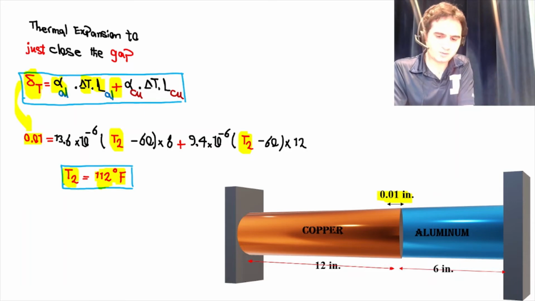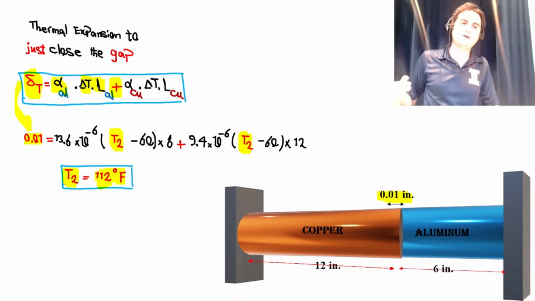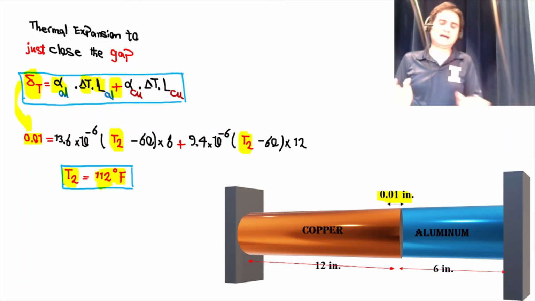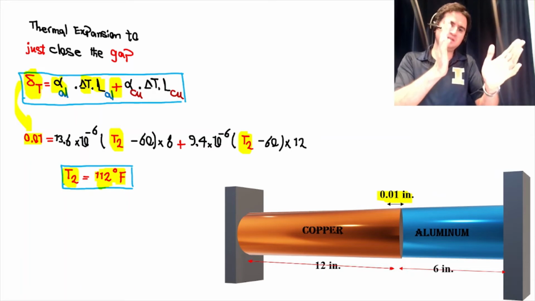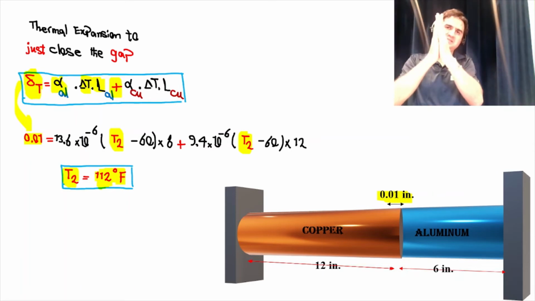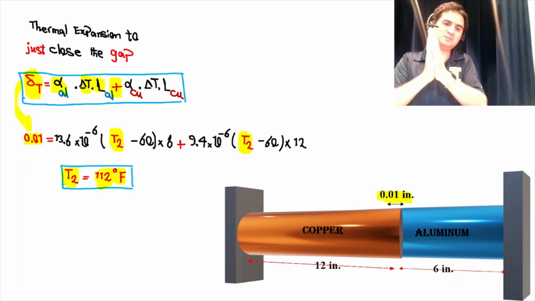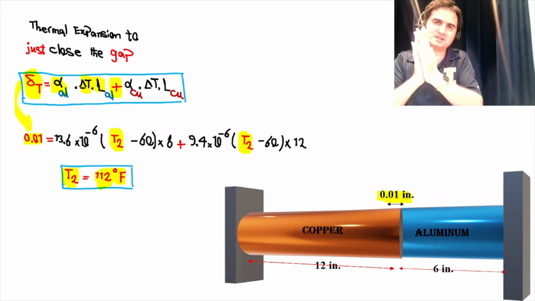And the second part says when the temperature rises to 300. We know when we increase the temperature from 60 degrees to 112, the gap is already closed. After that, any increase in temperature just pushes the materials against each other, so there is a contact force between them.